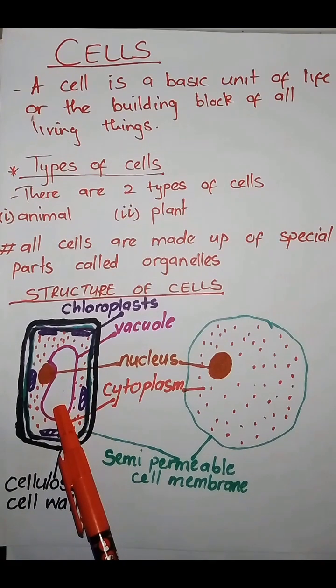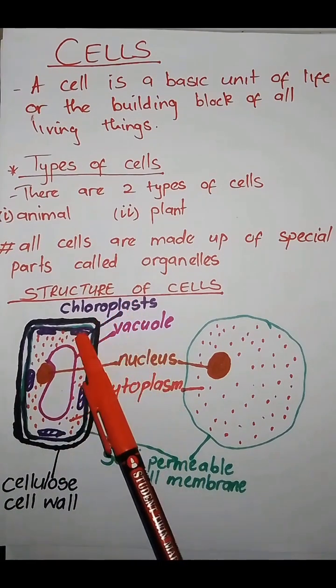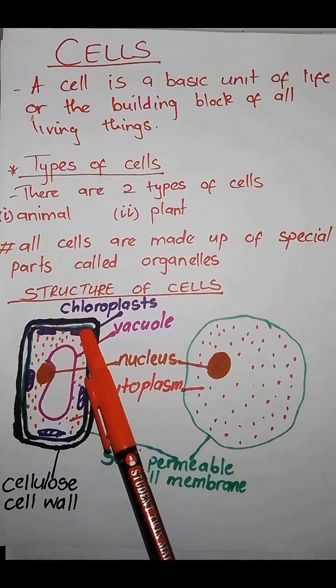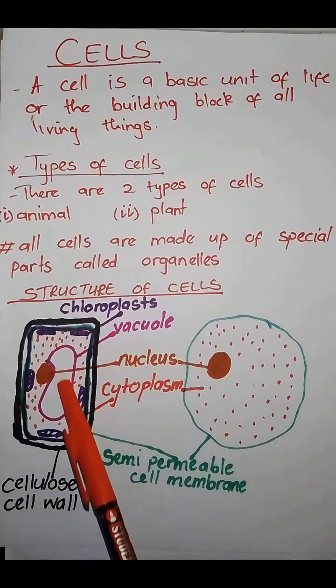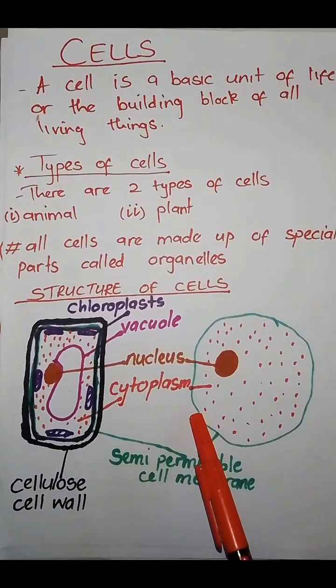It can only be found in plant cells, right? Then we have this organelle, which is labeled in purple. These organelles are called the chloroplasts. We will be talking about the functions of all these organelles later.